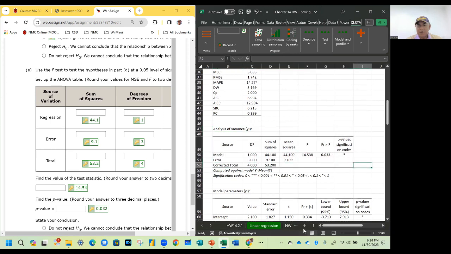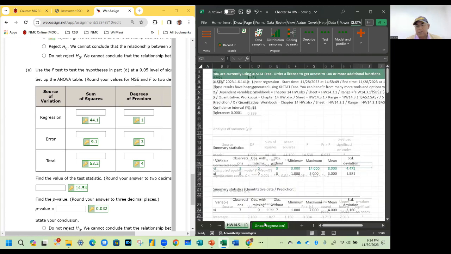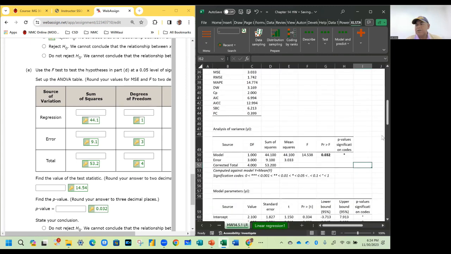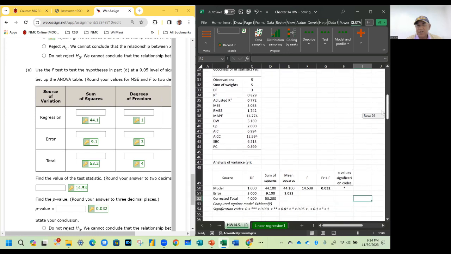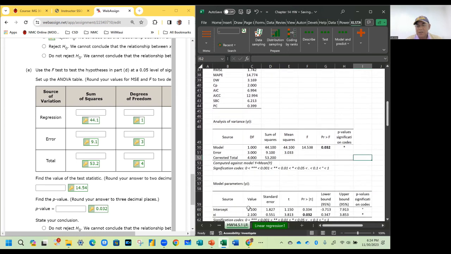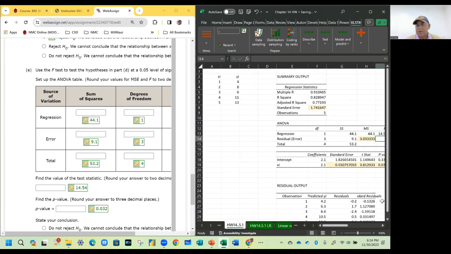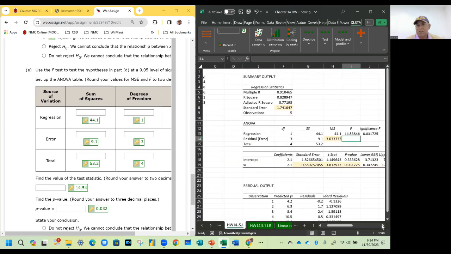And then you can also use, so two ways to do it, right? Here's the run that you would have, this is the one that you got from your data tool pack, no?